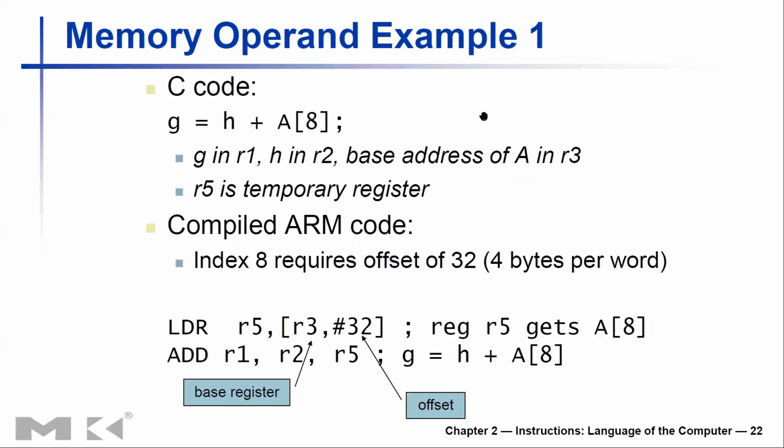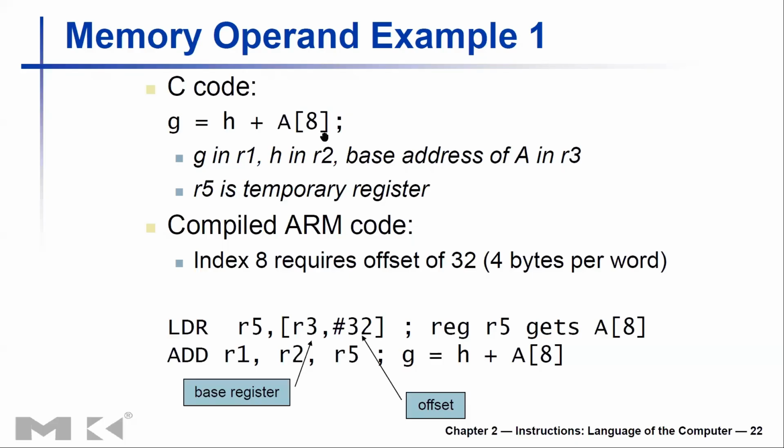So this is a memory operand example. Here you can see a C code which deals with memory: g equals h plus A[8]. Here A[8] is an array element, so you need to perform an operation on an array element.